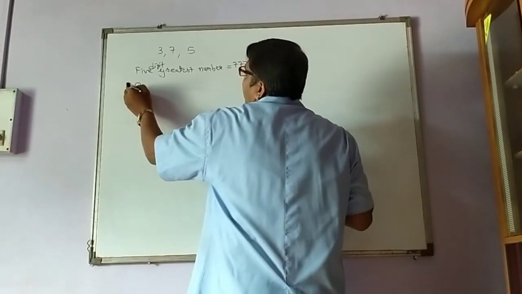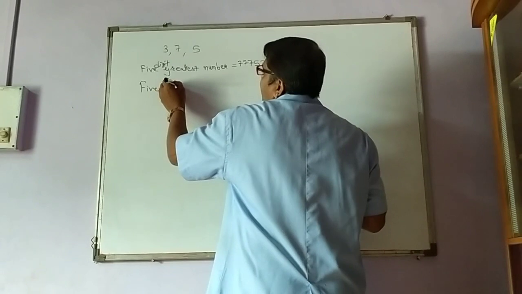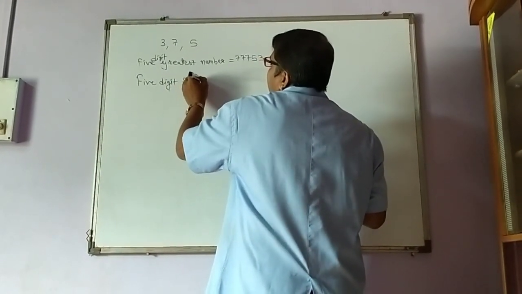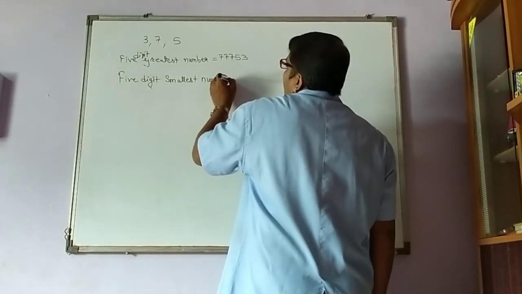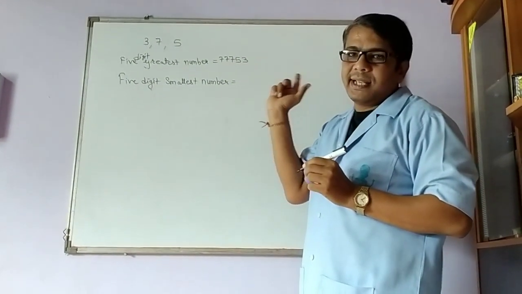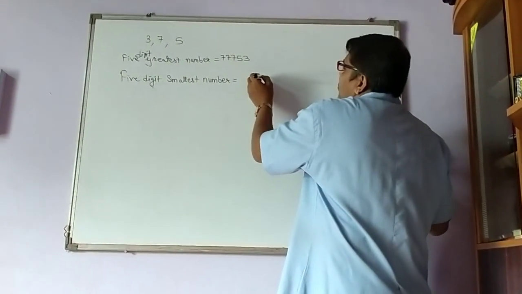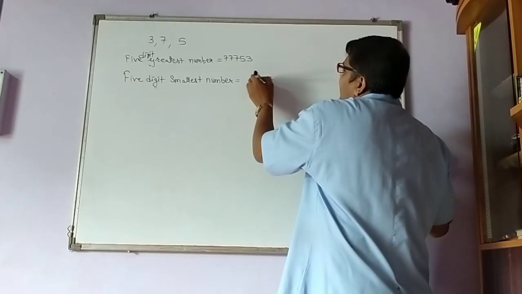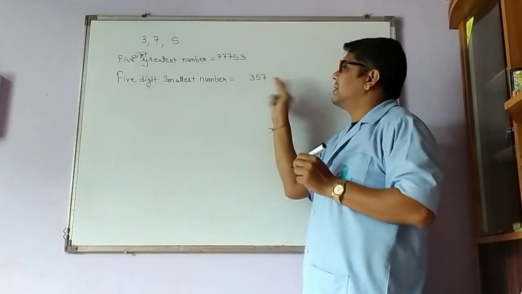Now suppose I want to form the 5-digit smallest number. So for the 5-digit smallest number, in that case you should follow ascending order, right? So this is the ascending order, 3, 5, 7.